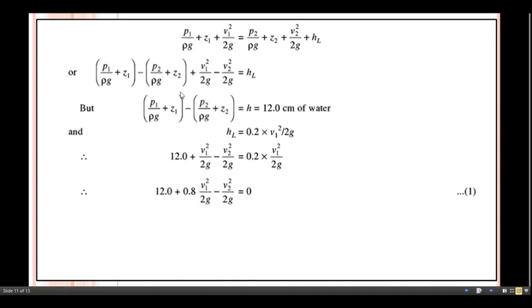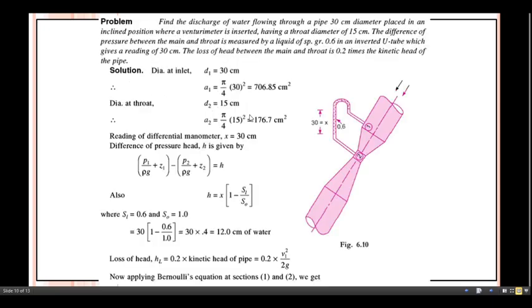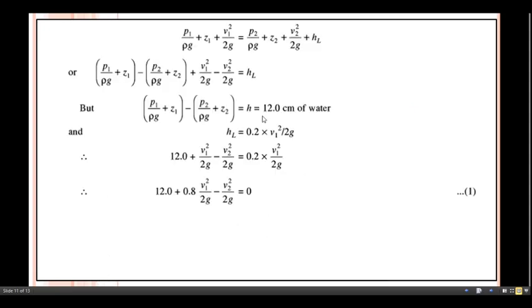Now if you see here, this term and this term indicate H. So H is 12 centimeter of water, this information is available here. Already the value for H is with us, the difference between this one and this one, H equals 12 centimeter of water.